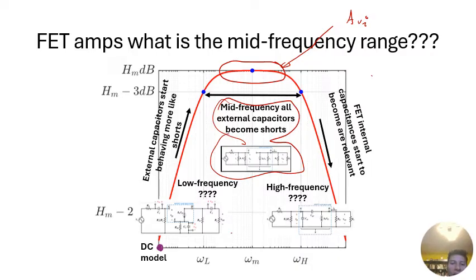And in the low frequency, so at the DC model, we treat all capacitors as open, but as we keep increasing the frequency, these capacitors need to actually be included in our calculations until eventually we reach this transition point where we can start treating them as shorts. And so that's where we get our mid-frequency.